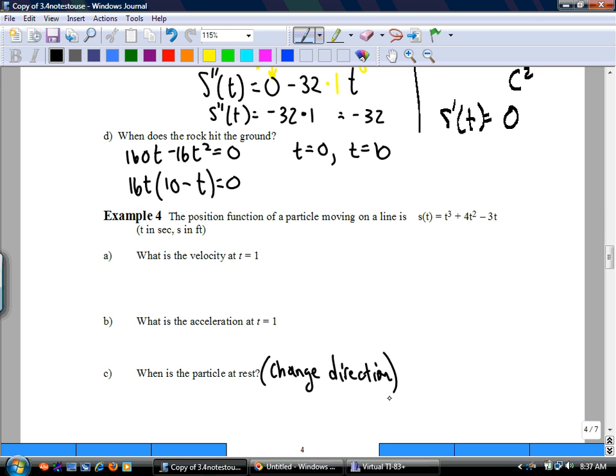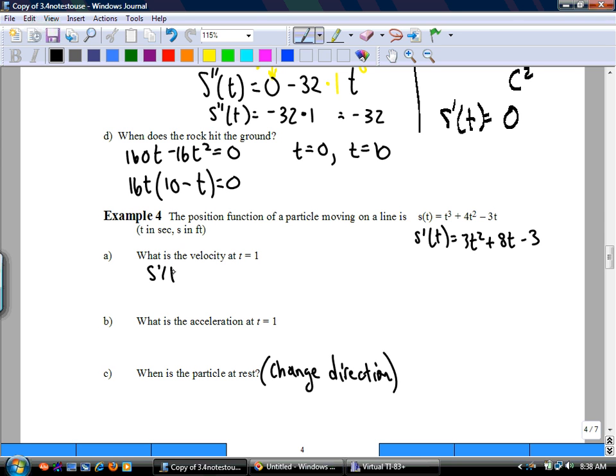So, what is the velocity at t equals 1? Well, we need to figure out the velocity formula. S prime of t equals 3t squared plus 8t minus 3. What's the velocity at t equals 1?